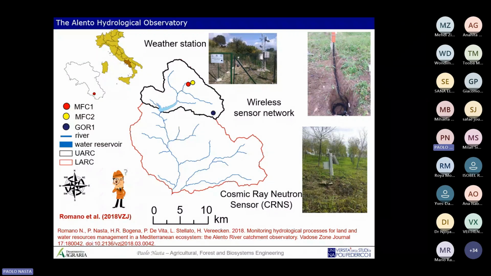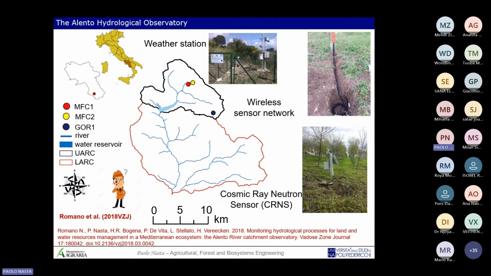In this historical site, we installed a weather station, and we carried out different research activities that ended about 10 years ago when we started new research activities thanks to the collaboration with the Institute of Jülich in Germany that provided us 2 cosmic ray neutron probes and different sensors to be installed into the soil.